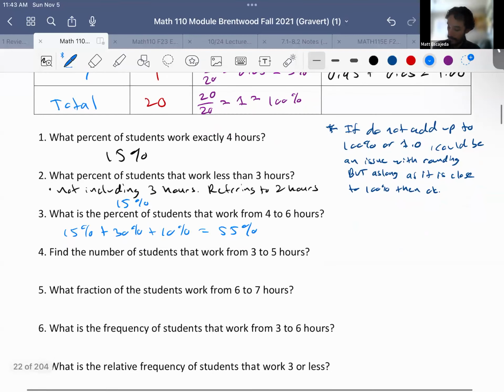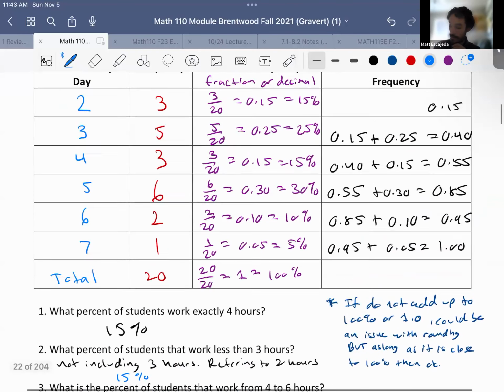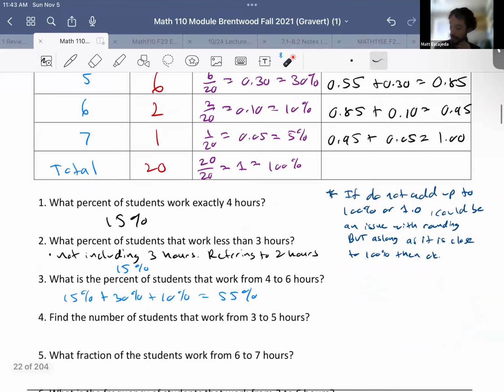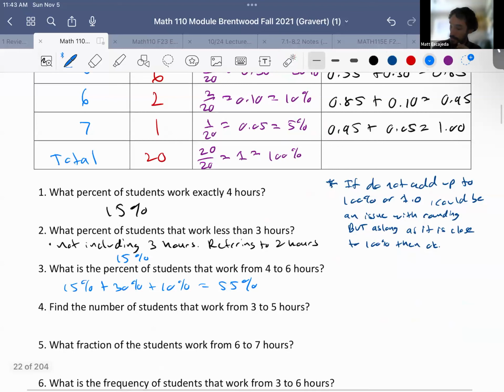Okay, so now find the number of students that work from 3 to 5 hours. Same exact concept, 3 to 5 hours. It'd be 25 plus 15 plus 30. Oh, I'm sorry, I read the question wrong. So find the number of students. So that's a little different. Find the number of students. So that's our frequency.